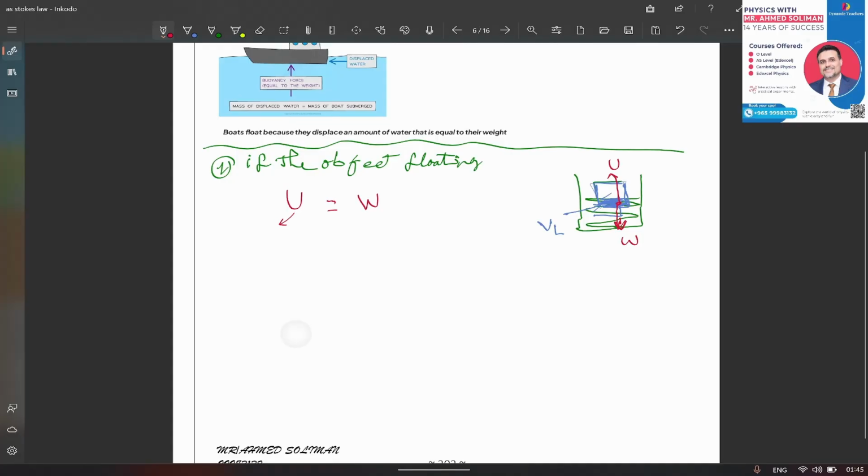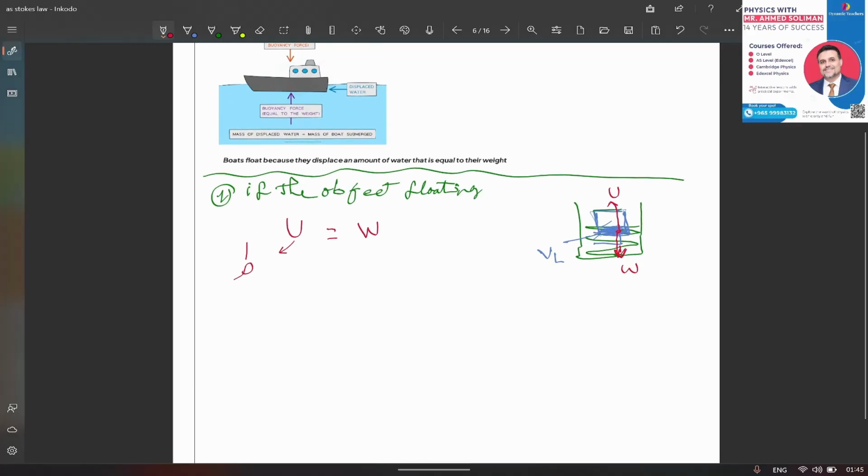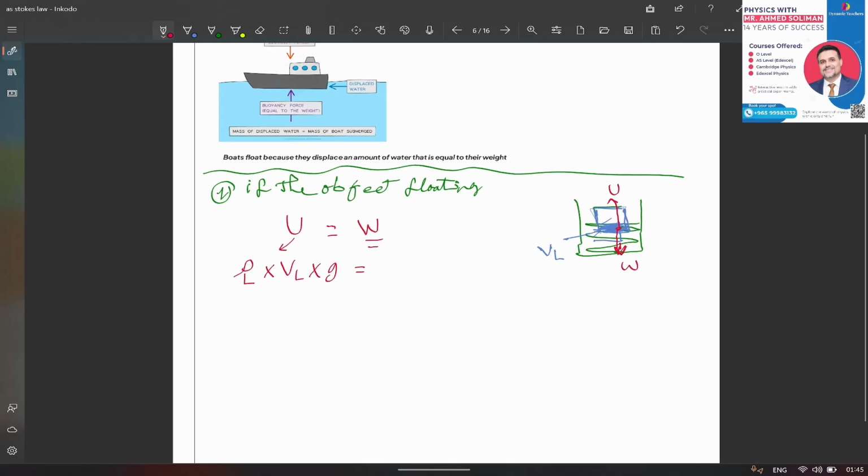Okay, now upthrust equals what? As I said, rho liquid multiplied by V liquid multiplied by g. And the weight of the object will equal rho object multiplied by V, the total volume of the object, multiplied by g. We can cancel out g. What does it mean? It means we can find a relationship between the density of the object and the density of the liquid, and the volume of the object and the volume submerged.